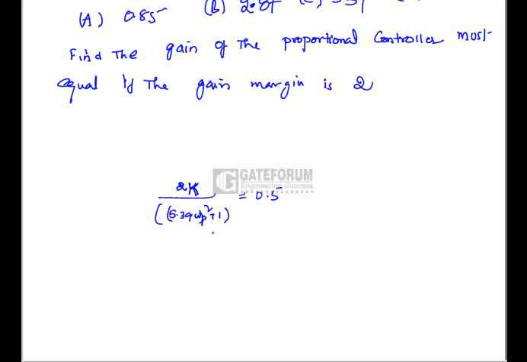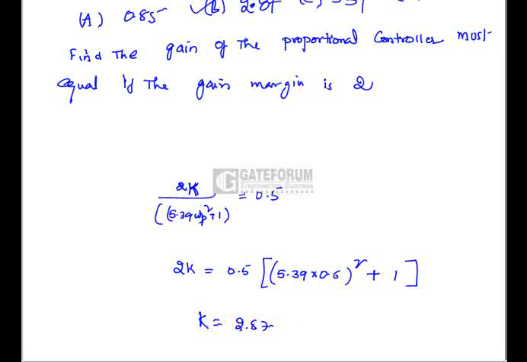Omega p is nothing but the phase crossover frequency, so we substitute. 2k over (5.39 into 0.6) whole square plus 1 equals 0.5. If we solve this equation, we will get k as 2.87, which is option B.